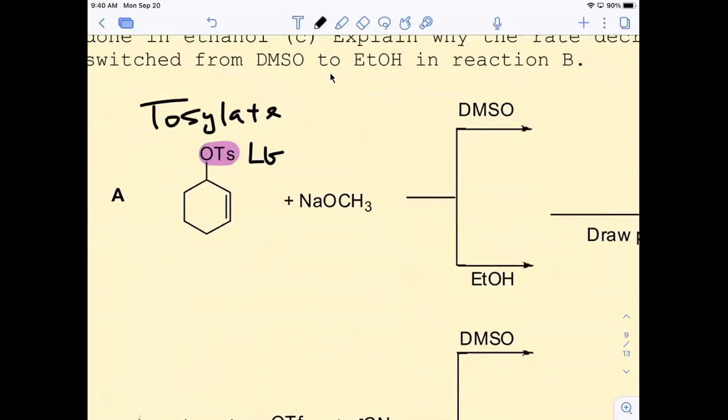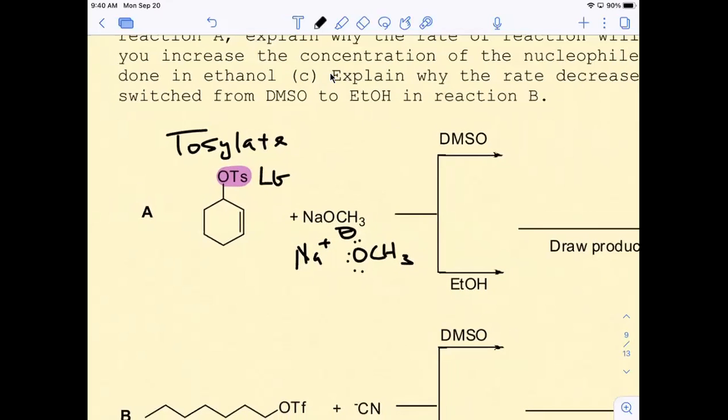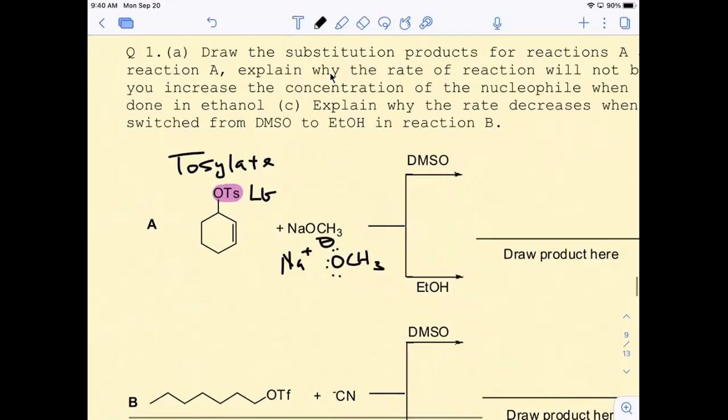And then over here, anytime you see sodium, that's a counter ion, right? It's positive. And so my nucleophile is going to be that, right? The OCH3 or the methoxy anion. All right. So now what's the product? We're not even going through the arrows. We're just going to do the product. What would the product look like? The OCH3 will be where the OTs was.